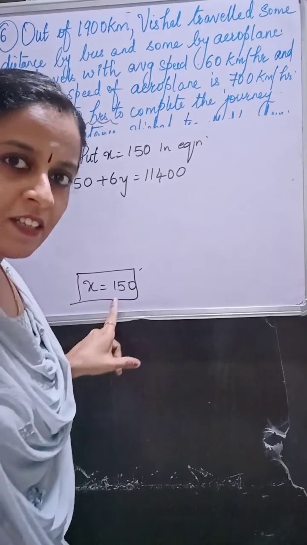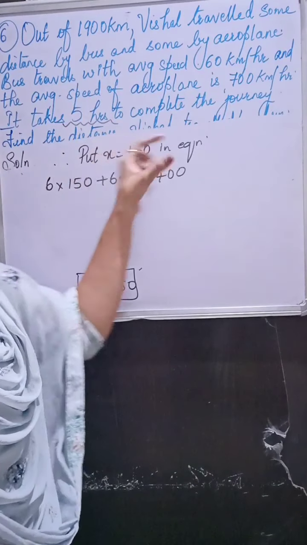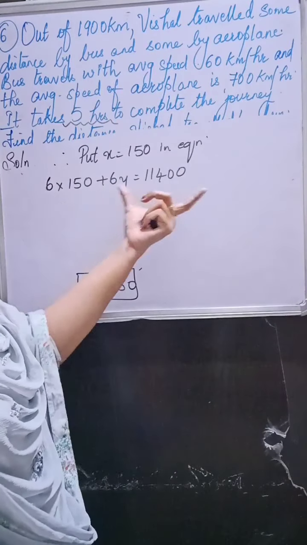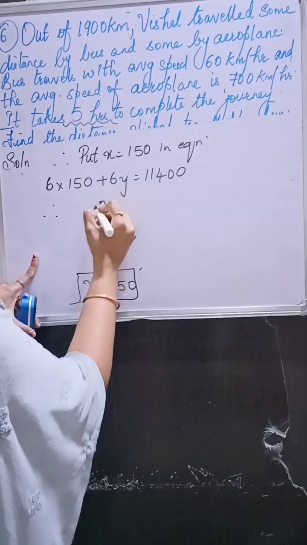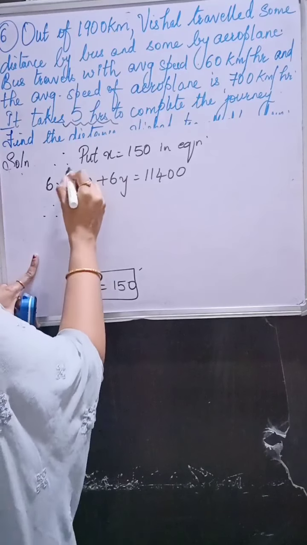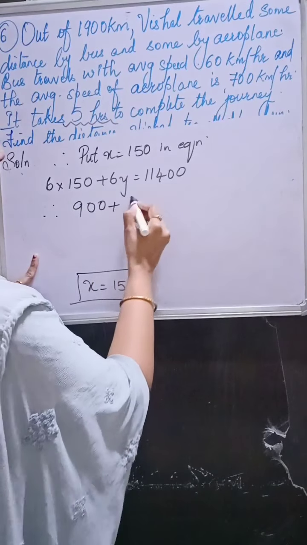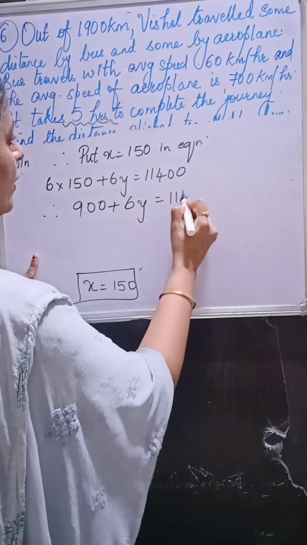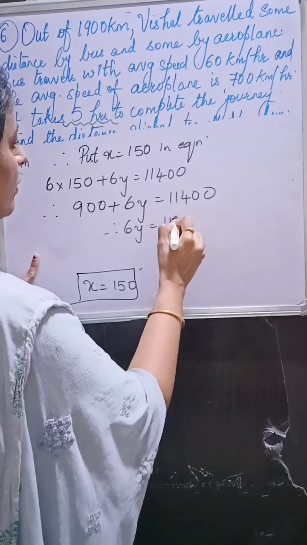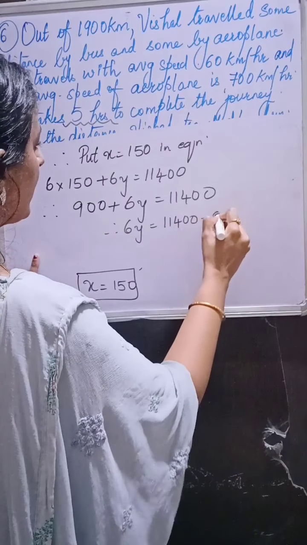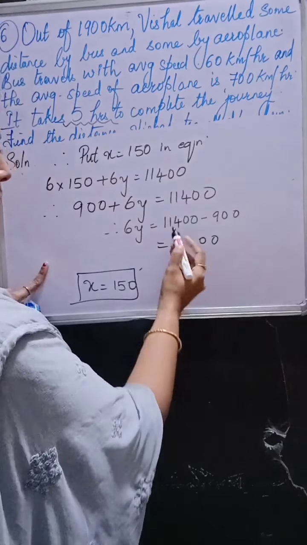So after you get the value for x is equal to 150, let us put that in any equation. I chose this equation. So what we will get? 150 into 6 is 900. 900 plus 6y is equal to 11400. Therefore, 6y is equal to 11400 minus 900.